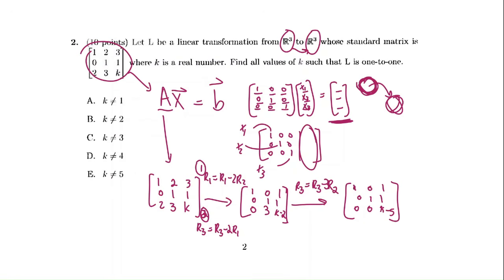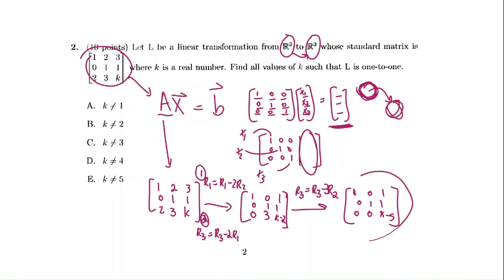So as you can see, the only way that this matrix cannot become the identity matrix is if k is equal to 5. And if k is equal to 5, then when you row reduce, you'll get this row of zeros.